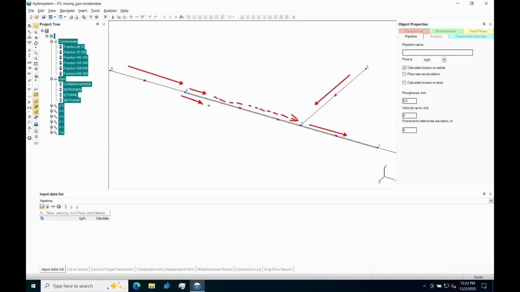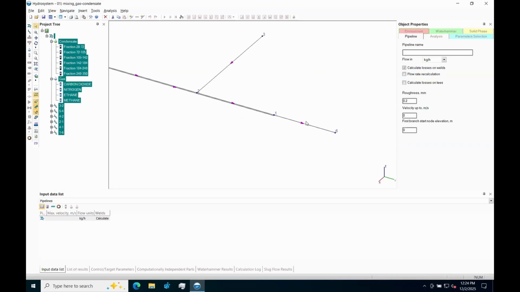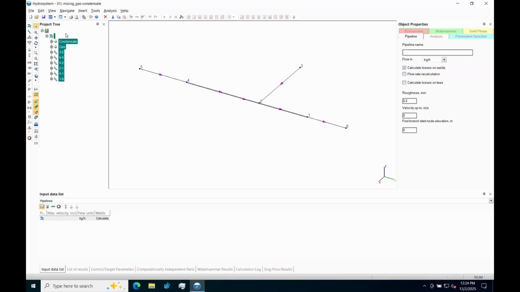And this fluid goes via this bypass, via this looping, and then mixes with this fluid in node number 1. And then all together, they are coming to node number 6 over here. In the initial example, I have the same composition of liquid and gas flow. So here I have a condensate, here I have a gas flow.